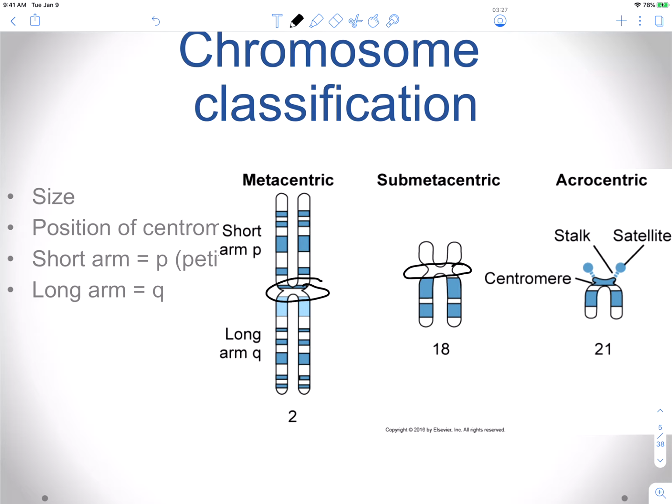Now, most people are more familiar with the Giemsa staining of chromosomes, and this is also called G-banding, or Giemsa staining. This uses an acetic acid fixation, so you have to add acetic acid.